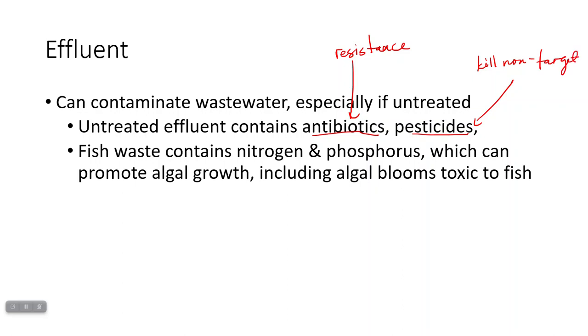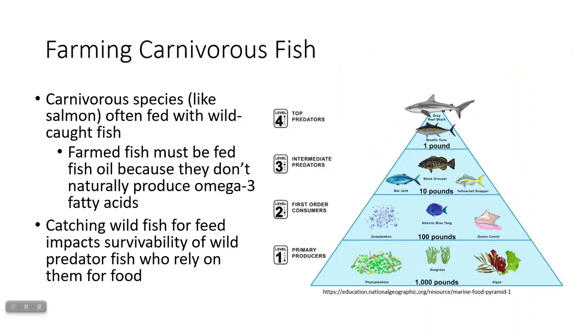There's also bioaccumulation, and it can even get into humans. Fish waste contains nitrogen and phosphorus, which promotes algal growth, which can cause algal blooms, which are toxic to fish. So those are some of the negative consequences if you don't plan your effluent treatment correctly.